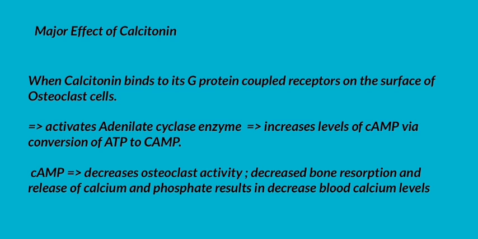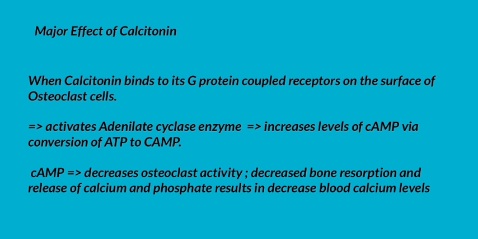Major effect of calcitonin: when calcitonin binds to its G protein coupled receptors on the surface of osteoclast cells, it activates the adenylate cyclase enzyme, which increases levels of cyclic AMP via conversion of ATP to cyclic AMP.